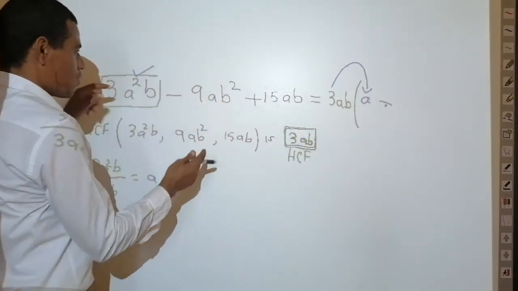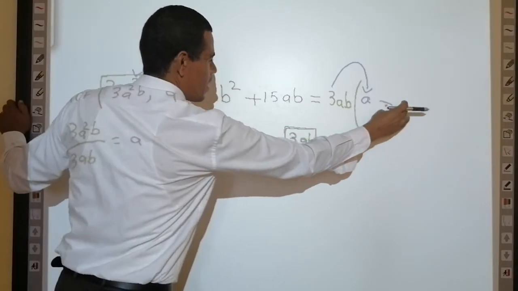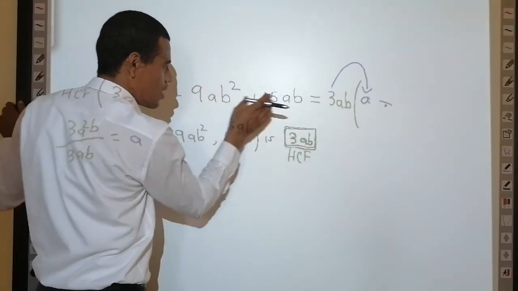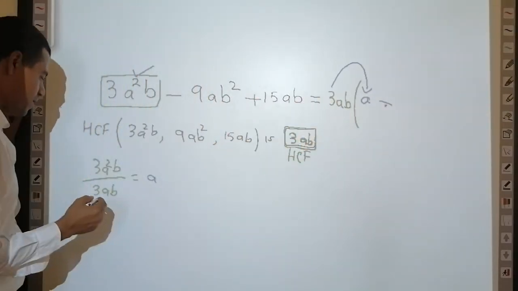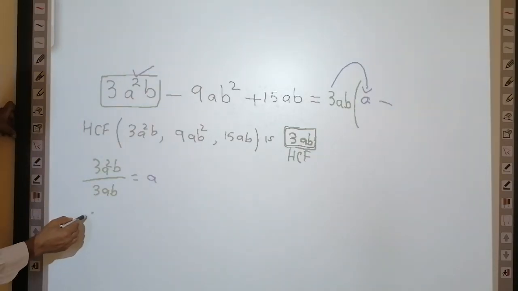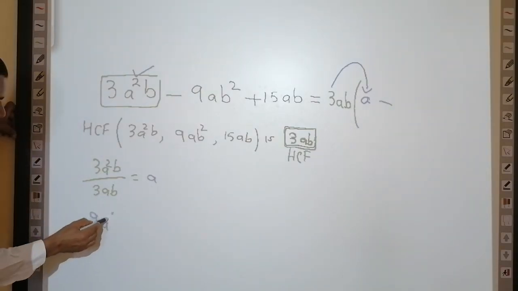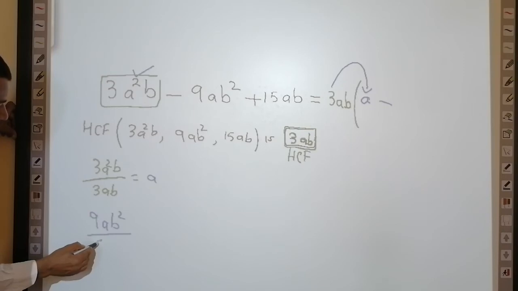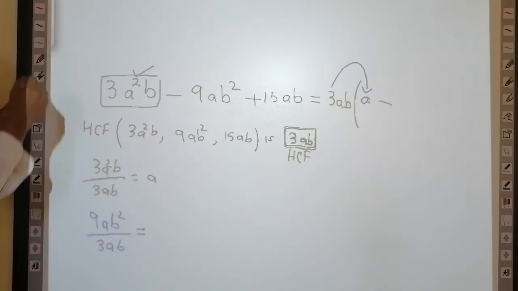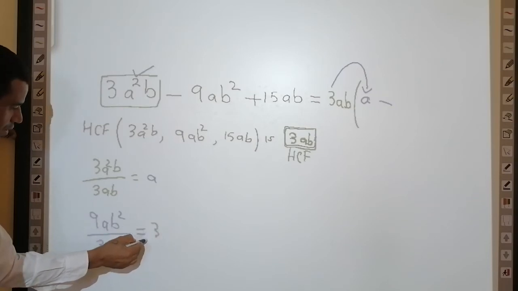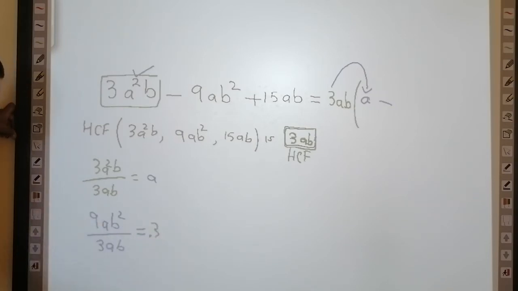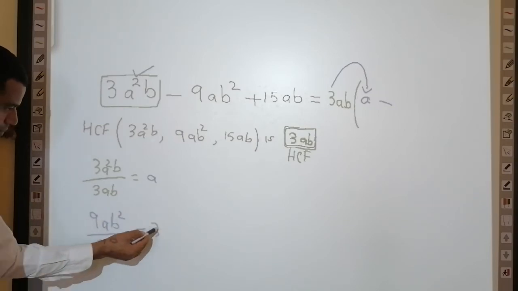Then, to find the second remainder here, divide the second term by the highest common factor. Means 9ab squared divided by 3ab. Okay. Look, 9 divided by 3 is 3. A divided by a is 1, now I need to write. B squared divided by b is b.